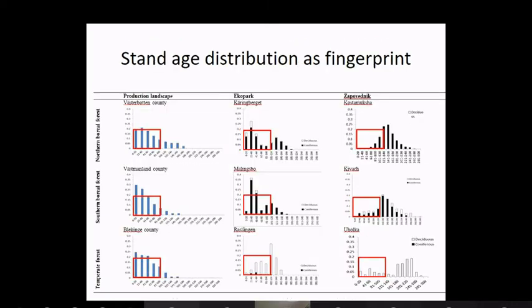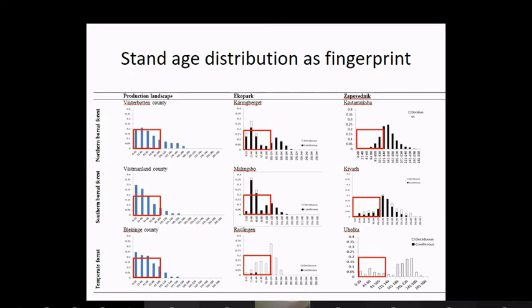And I won't show all the details, but this shows the age distributions of the forests in these 3 groups of areas. So you have in the northern boreal forest, we compared Kostamuksja Zapovednik with an eco-park called Kärringberget and the Swedish landscape that surrounds this. And the red square reflects what is called normal forest, so the ideal age distribution.